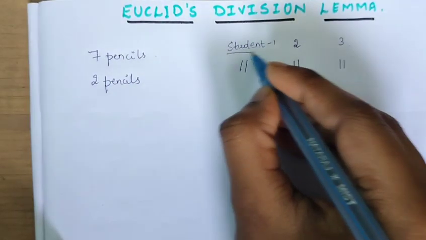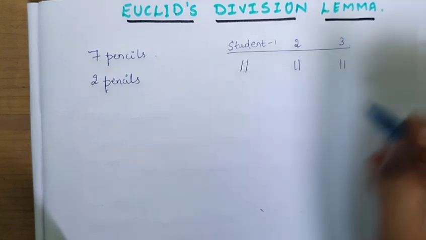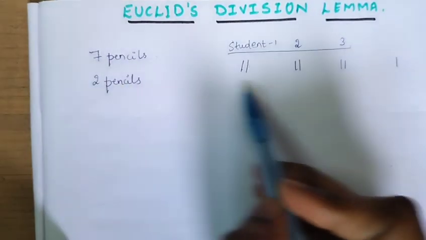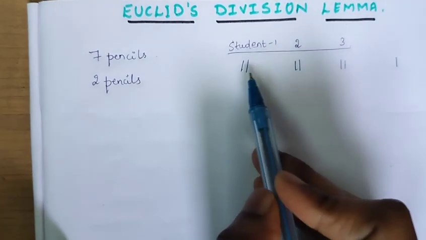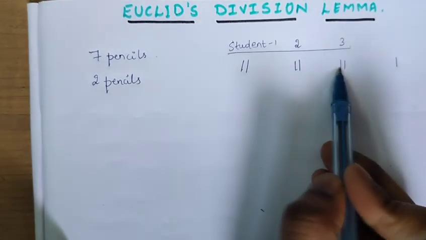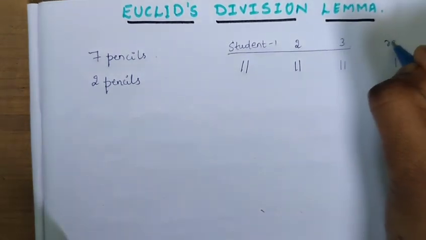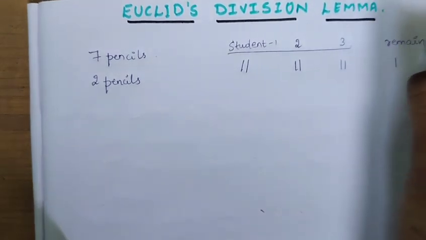So totally I can give it to 3 students, and I am left with 1 pencil, because I have totally 7 pencils and I am giving 2 pencils to each student. So 2, 4, 6. So 6 pencils, and I am left with 1 pencil. So this is my remaining pencil.